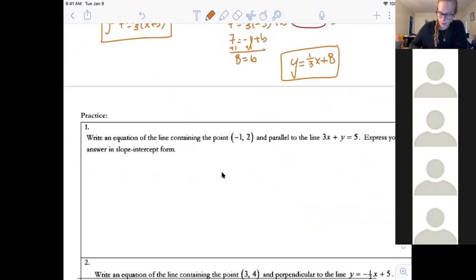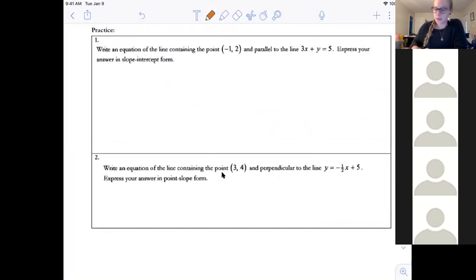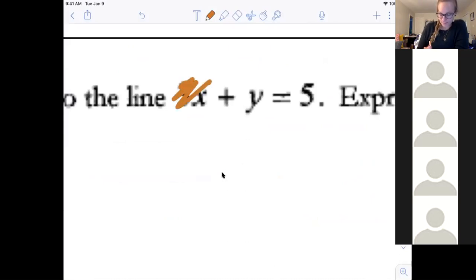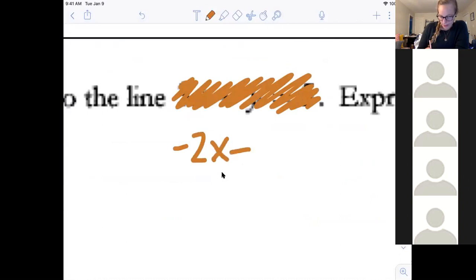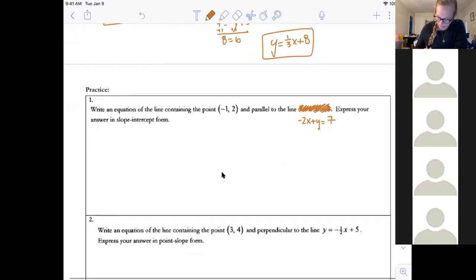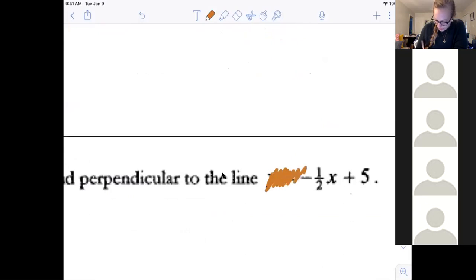Okay, we're going to do a couple practice problems. I believe these are the same that we did yesterday, so let's actually rewrite them. I'll double check, but I believe I just copy and pasted from last year. Yep, I did. All right, I'm just going to rewrite this. Let's say -2x plus y equals 7, and it still is going to go through that same point. And then this one down here, I'll rewrite and go back to it when we get to it.